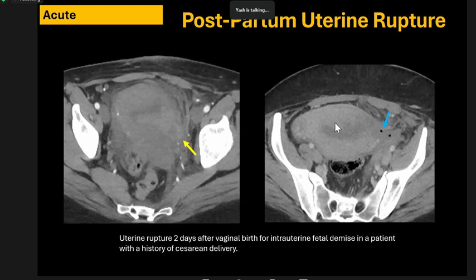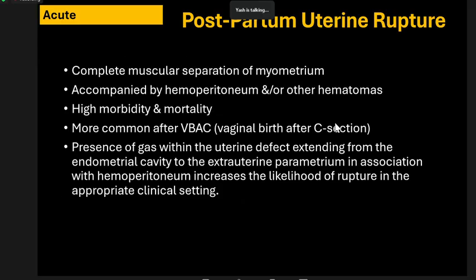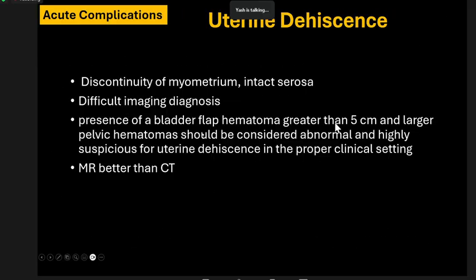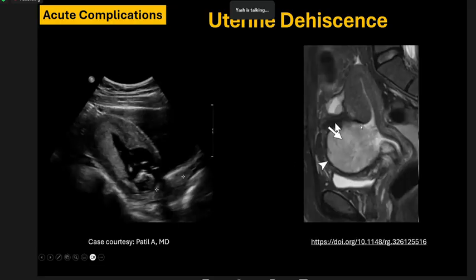Similarly, if there's a large bladder flap hematoma, that in the right clinical context points towards dehiscence. Unless you have a very good quality MR and you see T2 hypointense serosa, only then can you say that it is dehiscence.